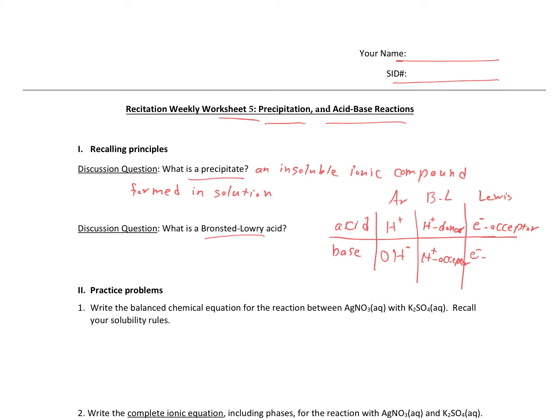If it's an electron donor, it's a base. Okay, so a Lowry-Brønsted acid is a substance that can donate H plus or proton. That would be an acid. Well, I guess it's good to know the definition in all these three types of definition of acid and base, but we mainly focus on Arrhenius acid and base in the lecture.